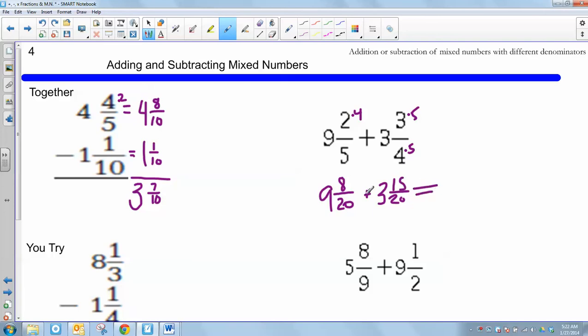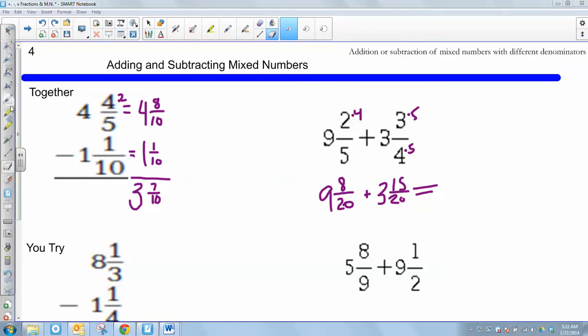Now I'm ready to add my fractions together. 8 plus 15 gives me 23 over 20. 9 plus 3 is 12.